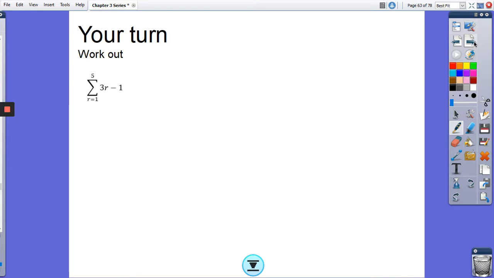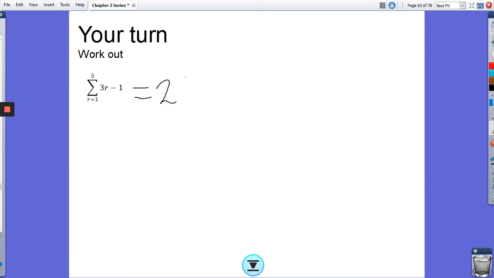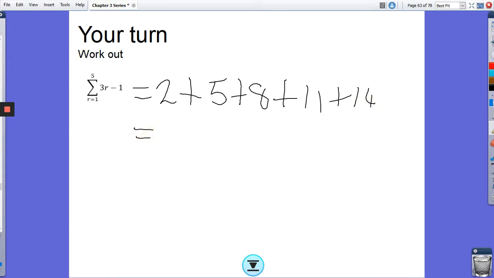We put 1 into 3r minus 1, so you get 2, then 5, 8, 11, and finally 14, which is equal to 40.